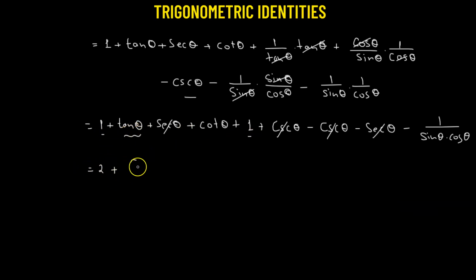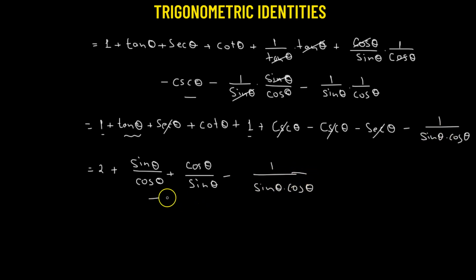So we can rewrite tan θ as the ratio sin θ over cos θ plus cot θ, so this will be cos θ over sin θ, minus 1 over sin θ times cos θ. Now what we'll do, we'll combine these three terms, the second, third and the fourth term.